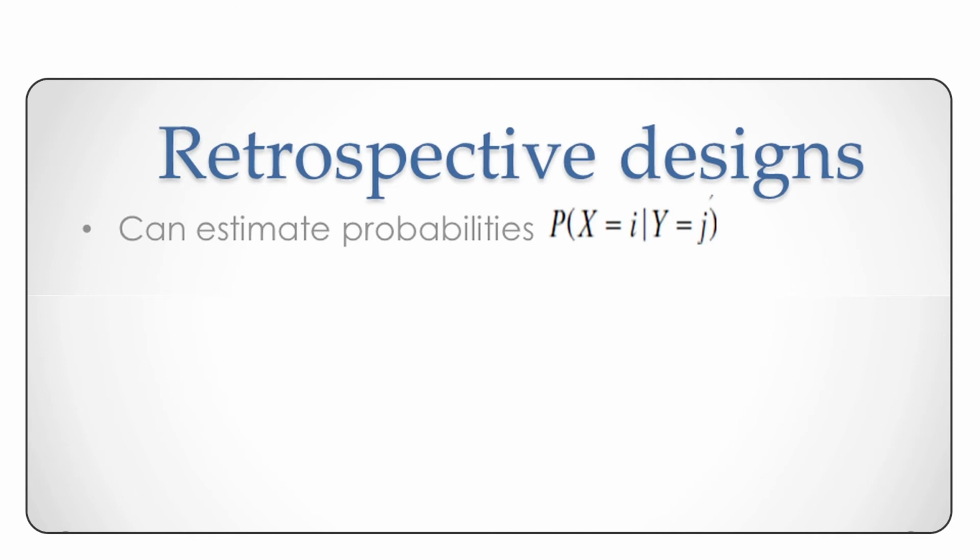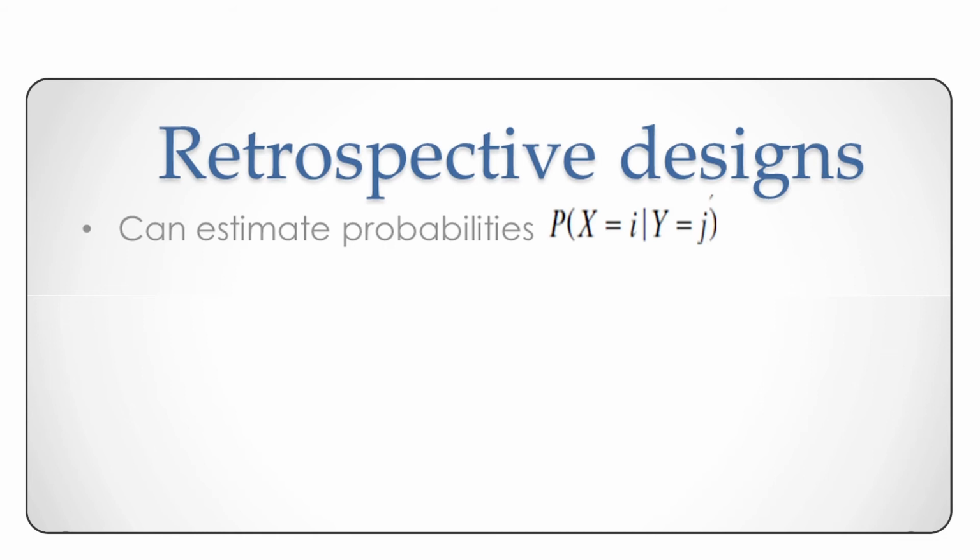However, a retrospective design would initially select a few who had fatal attacks, a few who had non-fatal attacks, and go back in time to see how many of them had consumed aspirin and how many of them were on placebo.